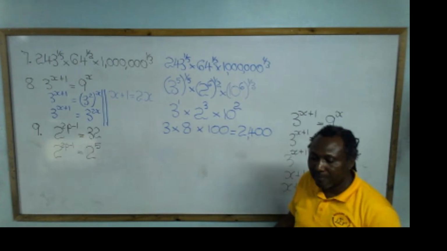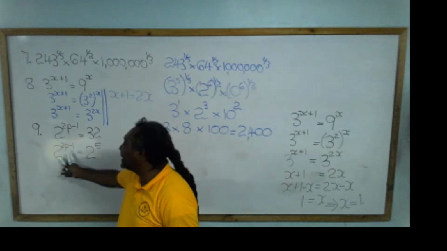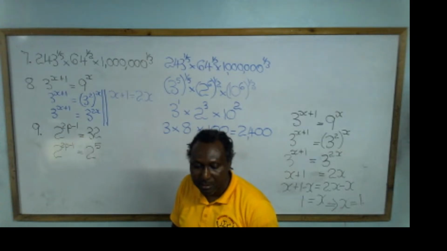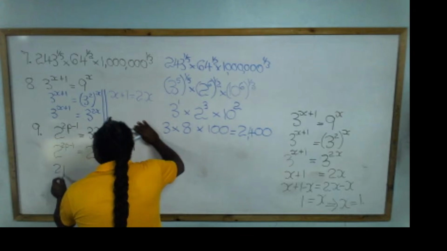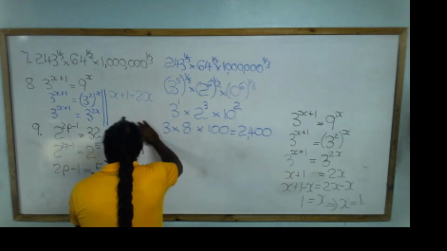Now students, if the 2 sides are equal, the 2 bases are equal, then the 2 powers must be equal. That's just basic common sense. So 2p minus 1 is equal to 5.